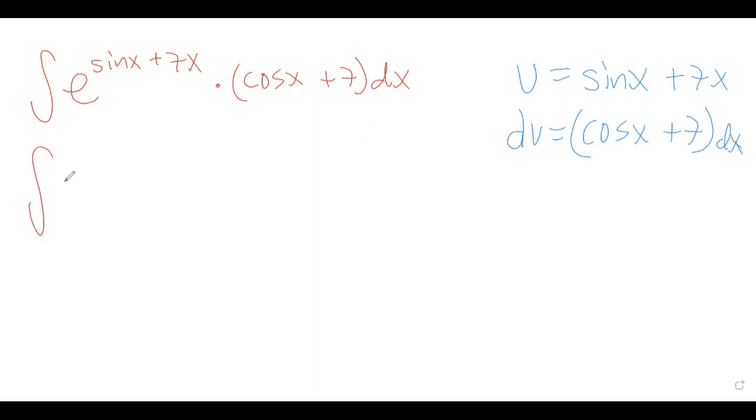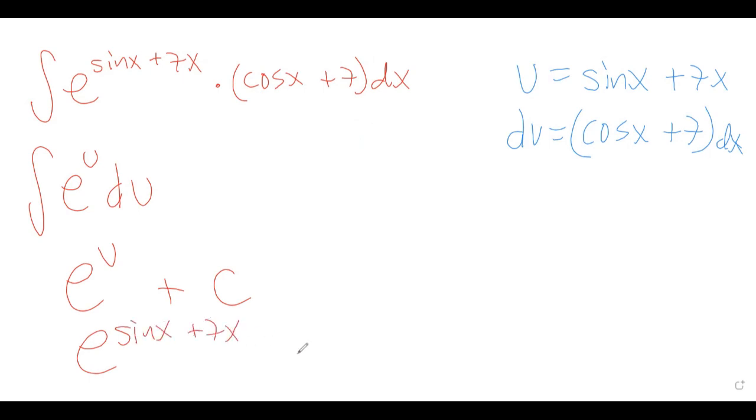So we have integral e to the u du. And then look at your cheat sheet. The antiderivative of e to the u is e to the u plus c. And that's it, right? Just the u gets replaced by sine of x plus 7x, and then plus c. Done, done, done.